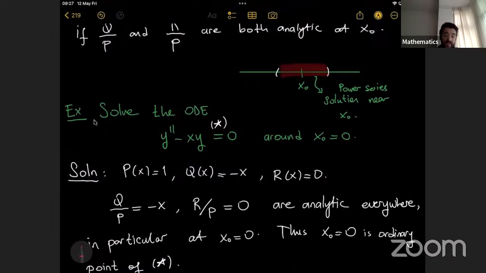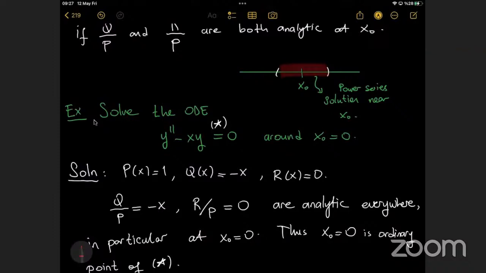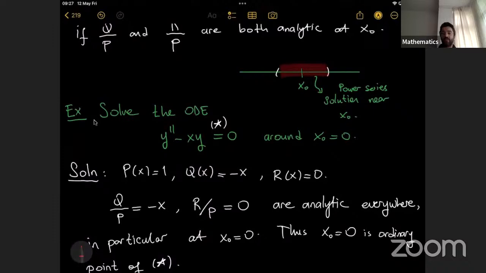Since there is no singular point, what is the interval of convergence of the series in that case? Infinity, good. The radius of convergence will be infinity because we don't have any singular point.